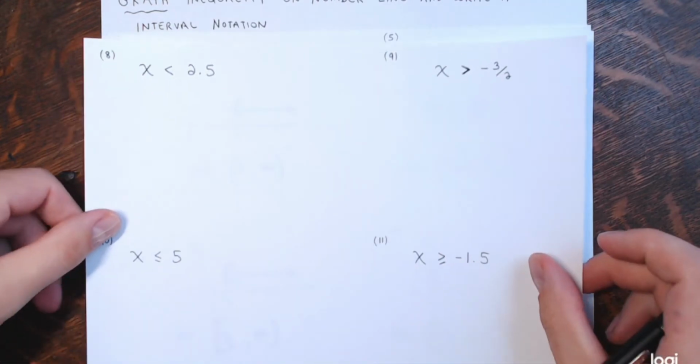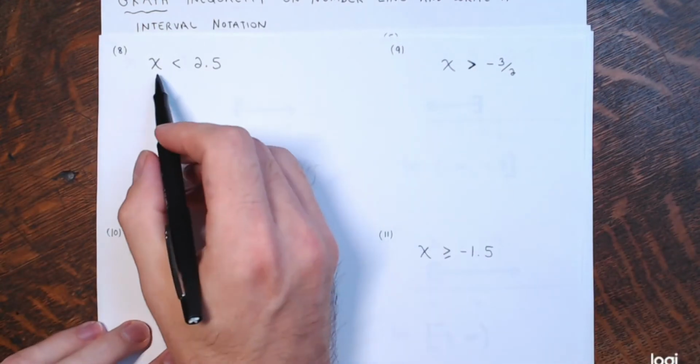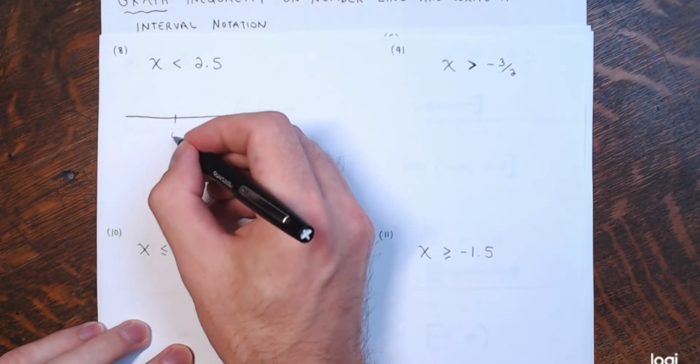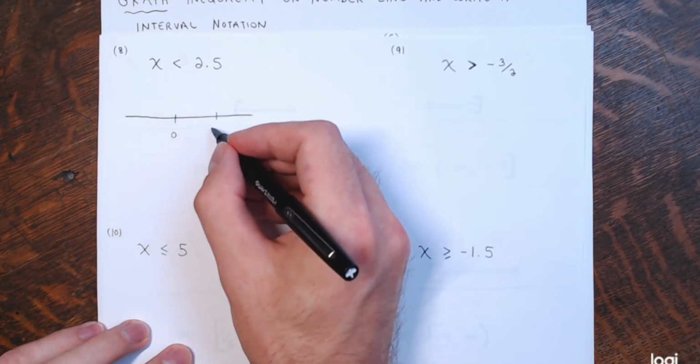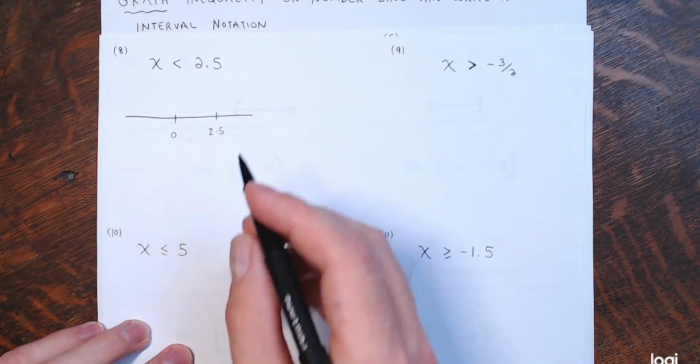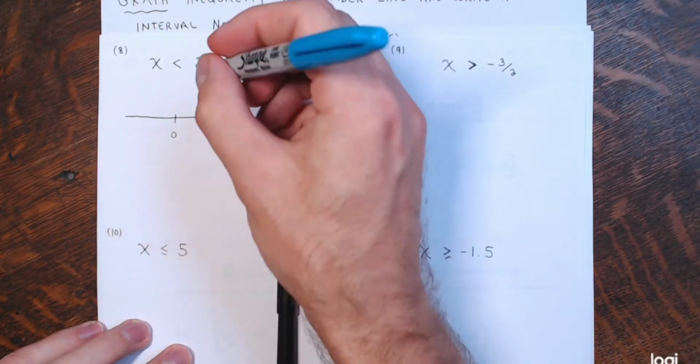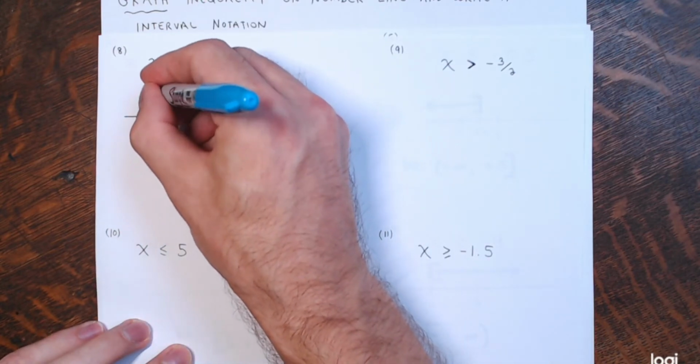Okay, so number 8. x is less than 2.5. The number line, 0, 2.5, that's positive, so that would be to the right of 0 here. All the numbers less than 2.5 are to the left.